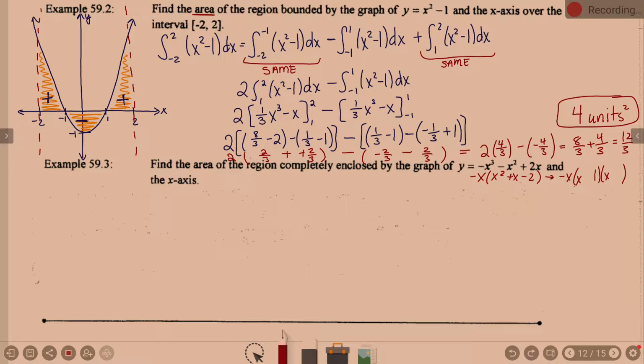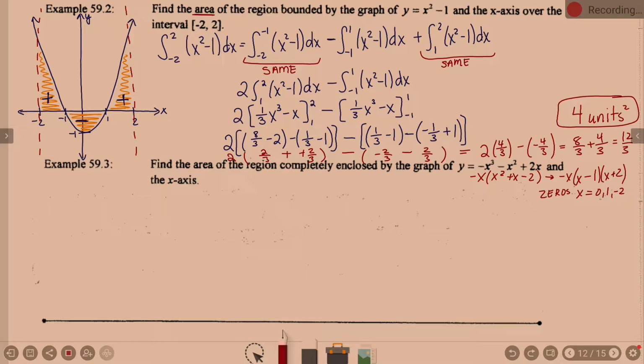It factors into x plus 2, x minus 1. And the reason I say we could graph this by hand is because those are your zeros, right? You have your zeros of x equals 0, 1, and negative 2.